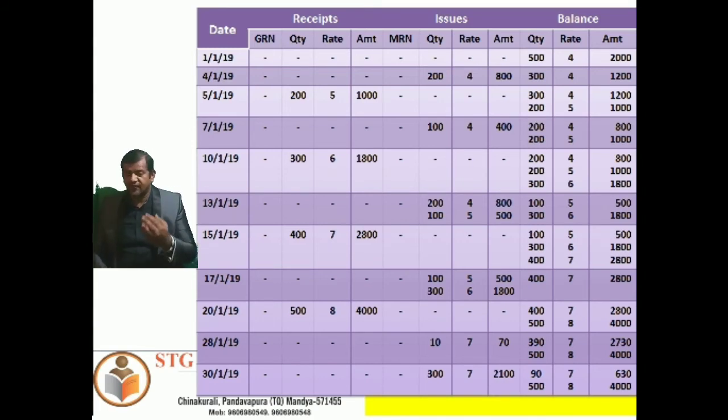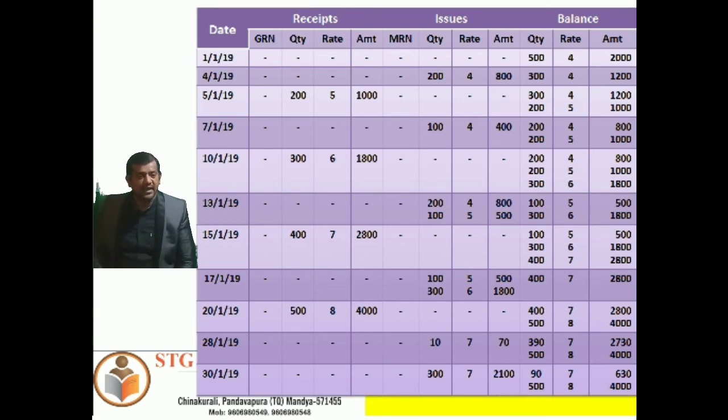Under the FIFO method, if there is a shortage, it must be recorded as an issue. So 10 into 7, 70 rupees. Out of 400, 10 units have been issued. So left out is 390 units at rupees 7 each, 2730 rupees is the amount. So the balance again 500 units at rupees 8 each, 4000 rupees.